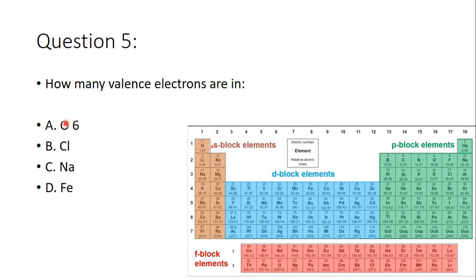So oxygen, the full electron configuration of oxygen is 1s2, 2s2, 3p4. Or sorry, 2p4. So our highest energy level is 2. And we have 2s2, so that's 2, plus 2p4, which is 4, for a total of 6. And the number of core electrons, 1s2, would be 2.